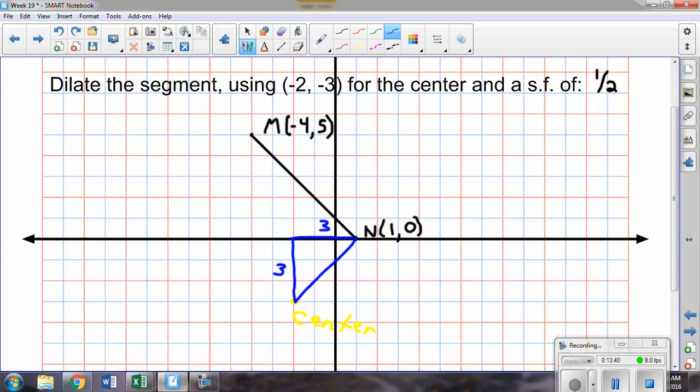Each of those gaps get multiplied by the scale factor. 3 times 1/2 is going to be 1.5. So this tells me then each of the gaps going up needs to be 1.5, going over needs to be 1.5. And that's how I can determine where my point N prime will be. It will come up 1.5 and over 1.5. This is the location for N prime.